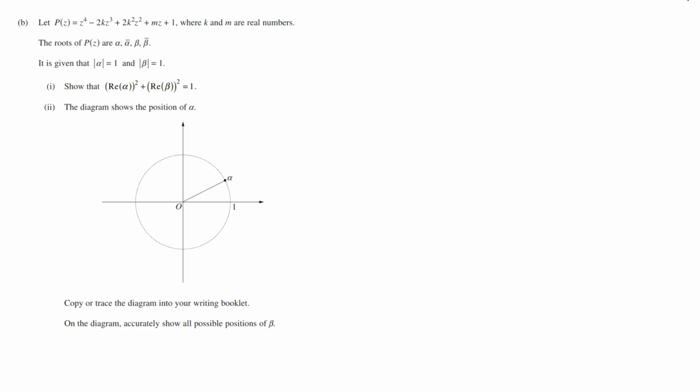Okay, part B. So what I would do here is I like to write out that if these are the roots of p of z, then you can factorize it like this. Now maybe you've memorized how to get these coefficients from the roots, but I tend to not memorize that. I just write it out like this and then figure them out.